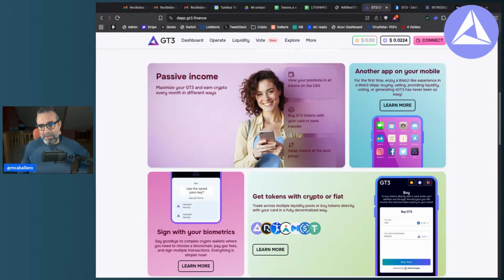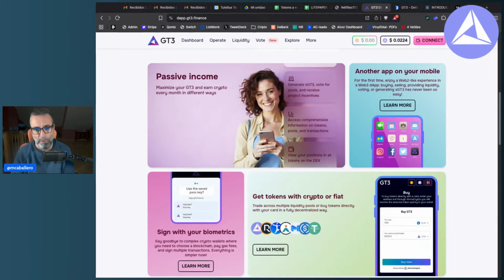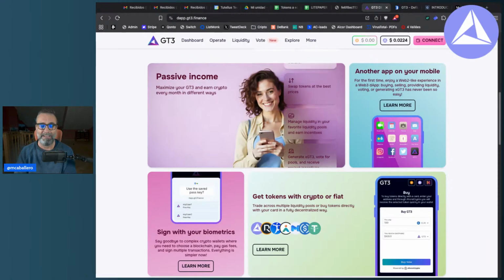GT3 is a DEX absolutely different from the ones you can meet, Uniswap, SushiSwap, QuickSwap, PancakeSwap, and so on. It's completely different because in the other DEXs you may use, you can earn money if you are a liquidity provider. If you provide liquidity to any pool, you can earn rewards based on the volume of each pool, and you can be rewarded if you are in V3, if you are inside the slot between the tokens you are operating with.